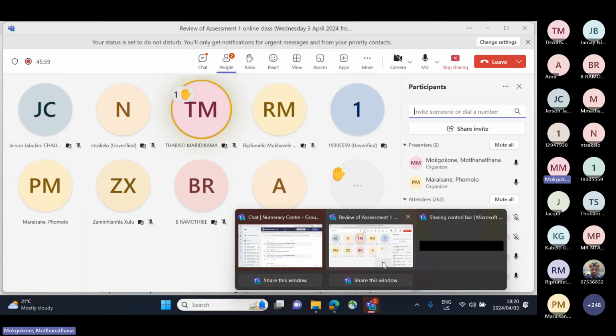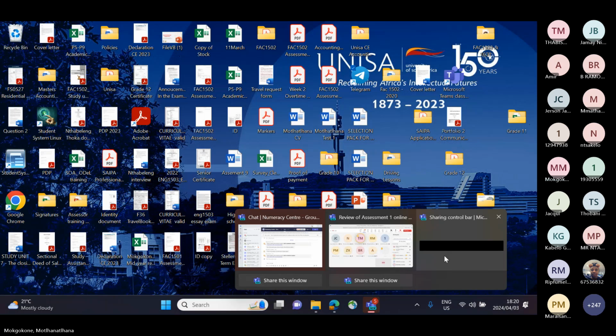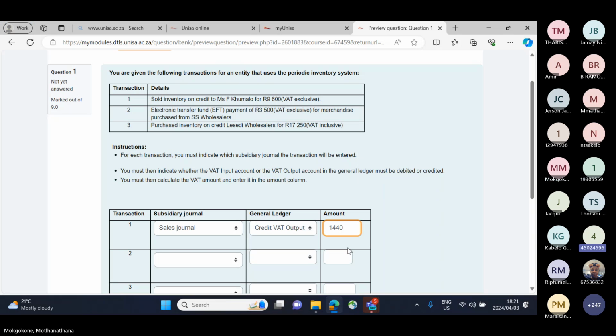Let's go back to the question. Remember, the amount excluding VAT is 100%, and VAT is 15%, and the amount including VAT is 115.